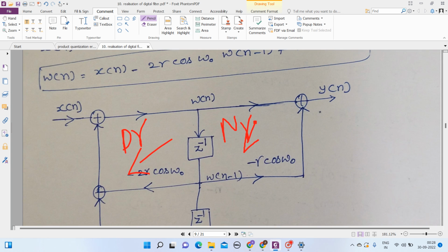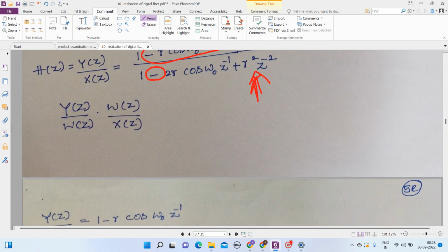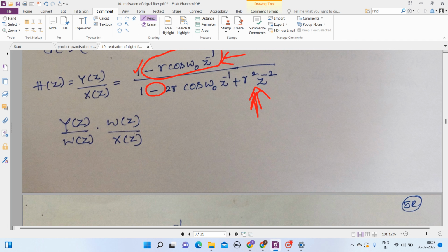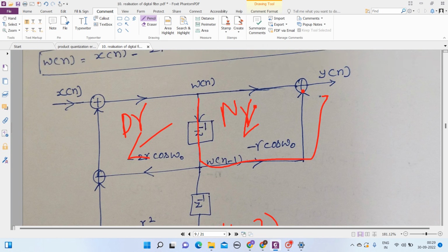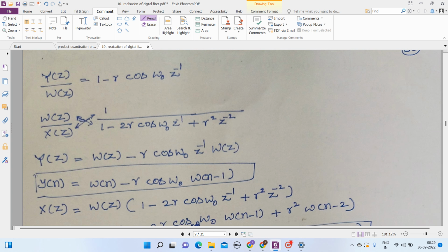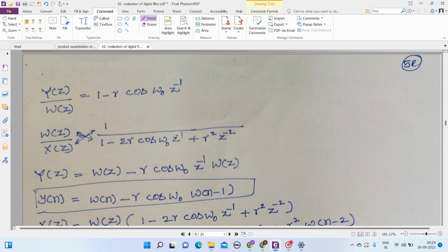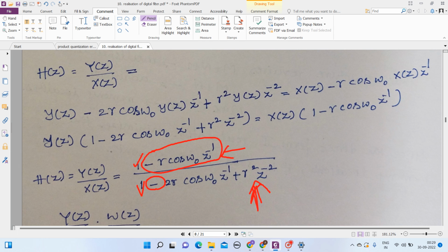See, this is direct. W of n is the added element, that is 1. This is W of n. Here also this is W of n. W of n, this is W of n minus 1 times minus r cos omega naught. W of n minus 1, right? Minus r cos omega. We can draw the direct form 2 structure directly by seeing this transfer function.